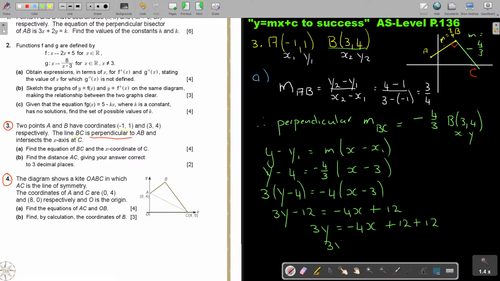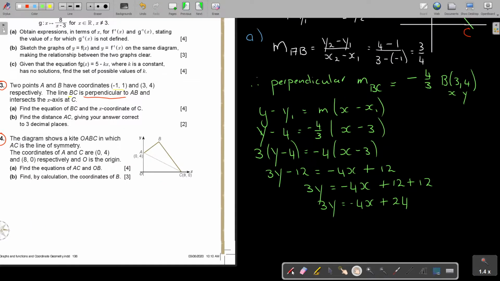So 3y is negative 4x plus 24. I'm not done. I divide by 3, I divide by 3, I divide by 3. So therefore, that's the equation of BC: y is equal to negative 4 over 3 x plus 8. That's my equation of BC.